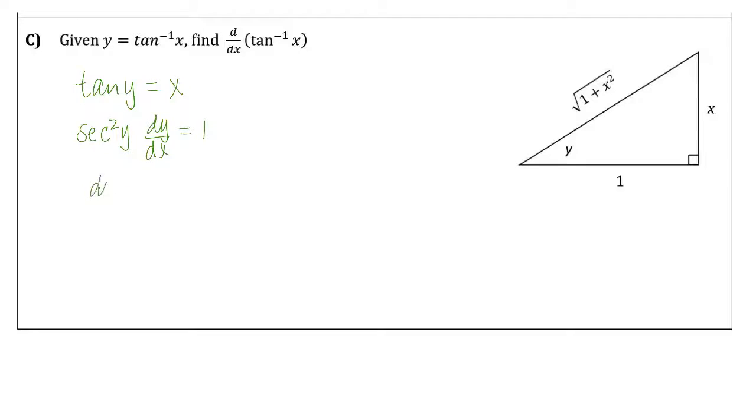So dy dx is equal to 1 over secant squared of y, which is the same thing as saying secant y all squared, which is hypotenuse over your adjacent. So that square root, once we square it, does disappear. I'm left with 1 over 1 plus x squared. And again, you're welcome to set up the triangle and work through it, or memorize the formula.